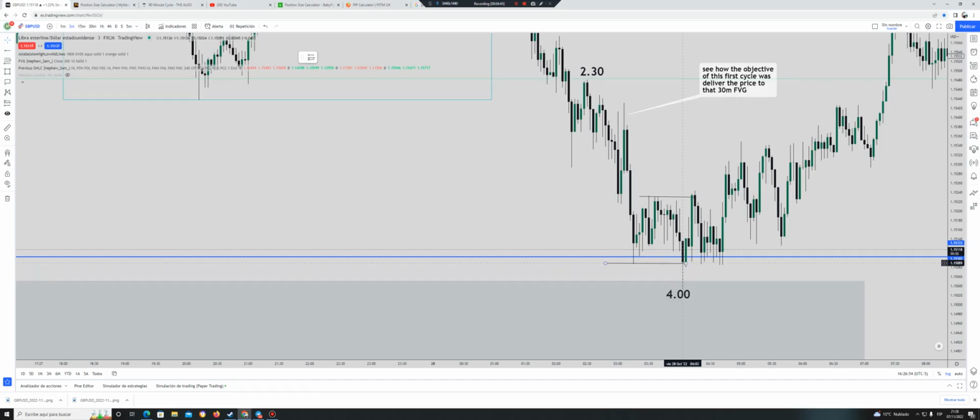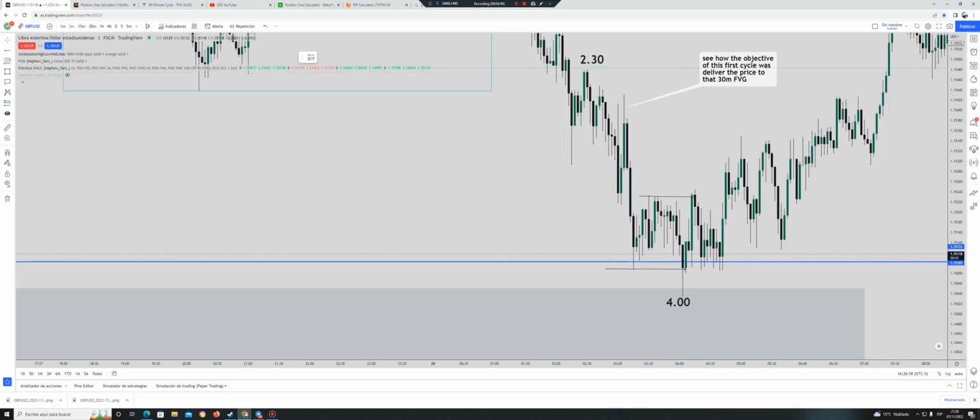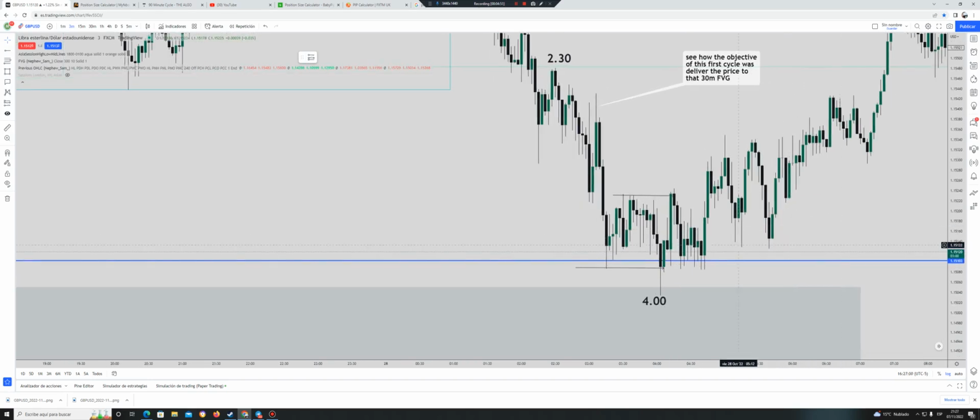You can buy here, that's not a problem. You can buy at 4, starting the first cycle, or you can just wait for the break in the structure here, then the price comes back to the order block, to this other block that took that low, and then you can place a buy, let's say 240, 230, maybe somewhere here.